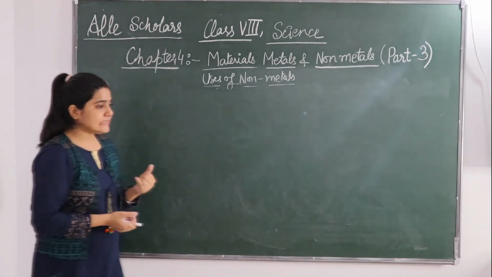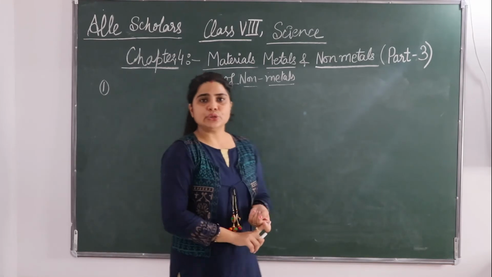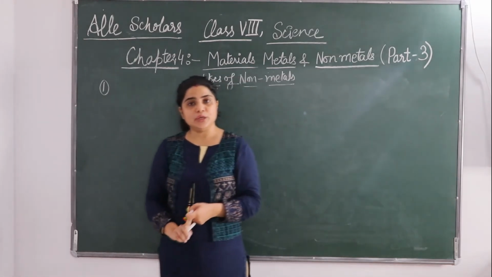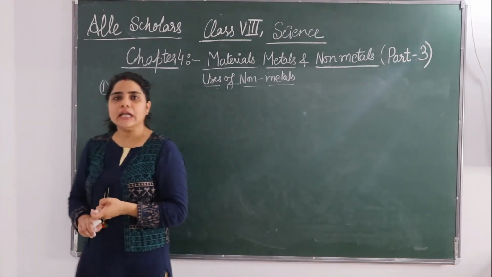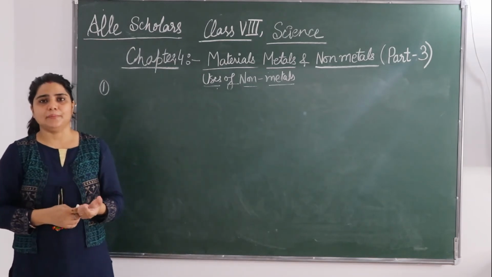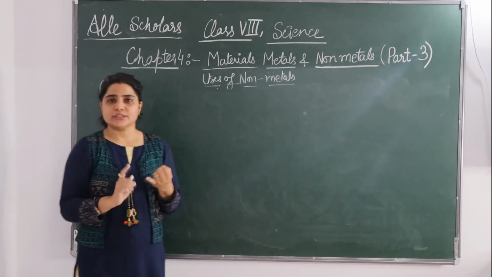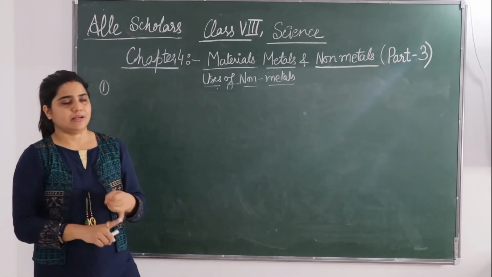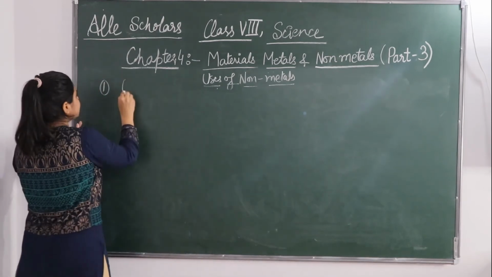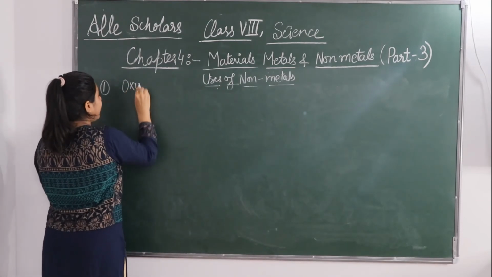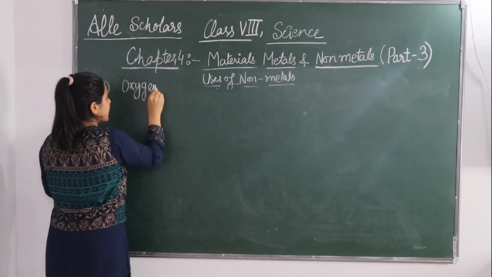All living beings inhale oxygen during breathing. If there would be no oxygen, we won't live. We all need oxygen for living. So oxygen is a non-metal, and it is very essential.